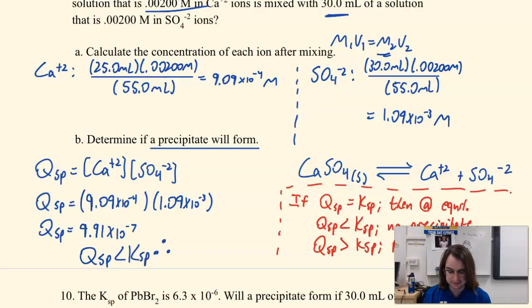I'm going to use the dots, which means therefore. And I'm going to say no precipitate, abbreviating precipitate with PPT, will form. Just like that. That's how you would answer. So use that math. Those dots just mean therefore. It's like a proof. So no precipitate will form.